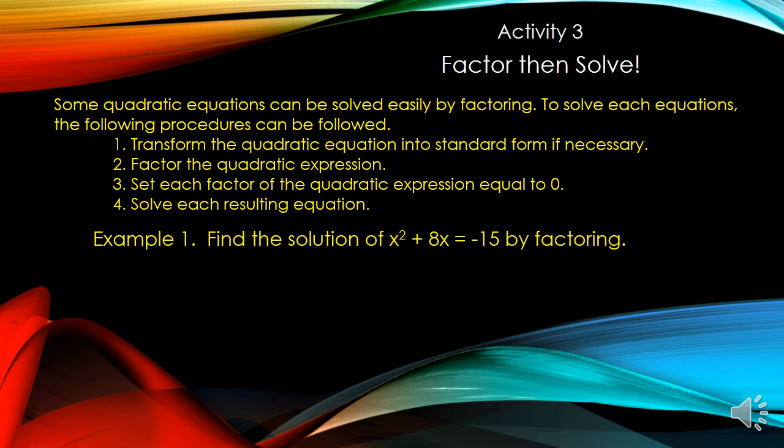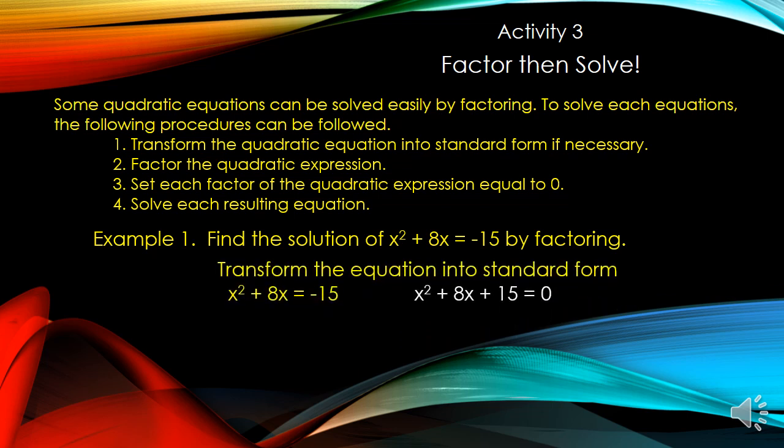Consider example number 1. Find the solution of x squared plus 8x equals negative 15 by factoring. You can notice that the given is not in standard form. So we do step number 1. Transform the equation into standard form. X squared plus 8x equals negative 15.